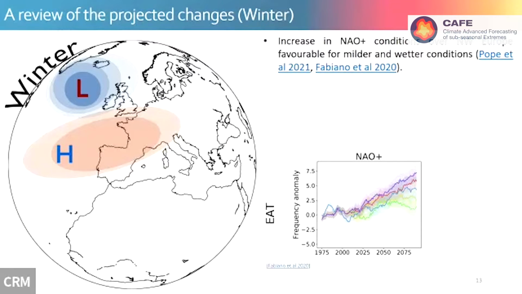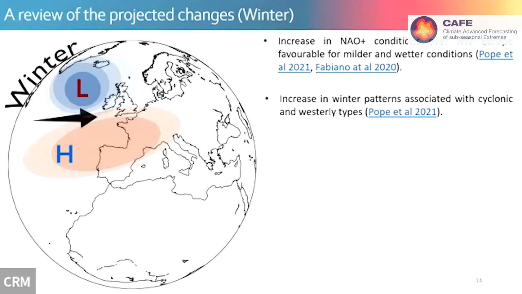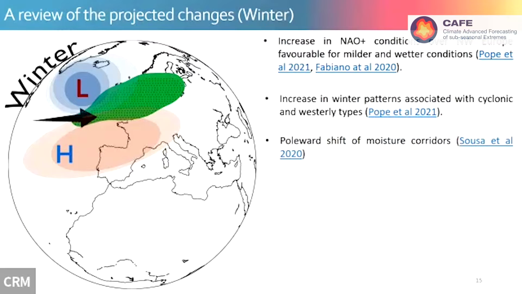However, there are signals for that, meaning that we will have more favorable conditions for milder and wetter conditions over Northwestern Europe. There is also the tendency for more winter patterns associated with cyclonic and westerly types, which therefore will increase the moisture advection towards Northwestern Europe.